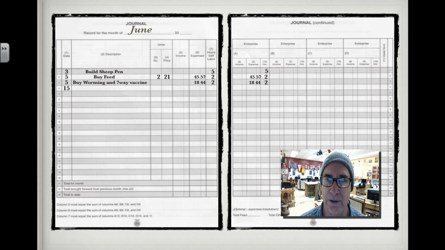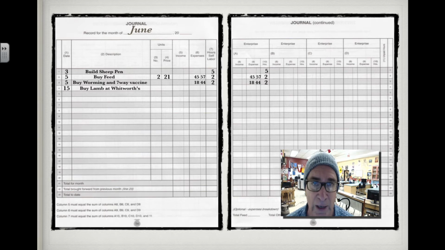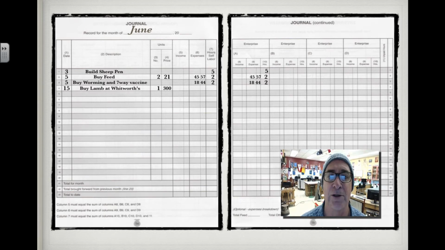Then on June 15th, you and possibly some other ag students went down to the Whitworth's ranch and you bought a lamb. You bought 1 lamb, and the cost was $300. So that also needs to be reflected in your expense side of things. And it took you 4 hours.